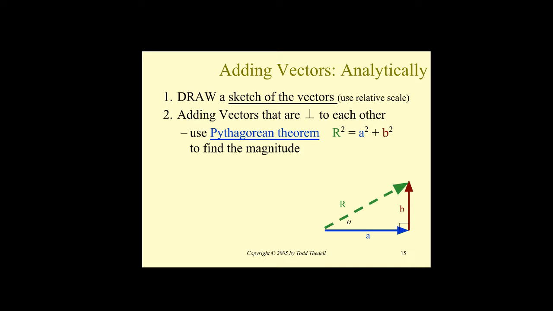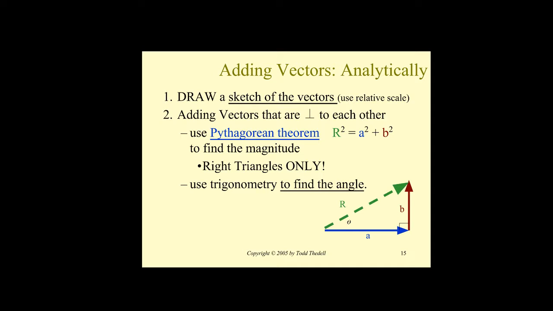That's a very familiar calculation that you learned in mathematics, so it should be fairly easy to do. But remember, it only works for right triangles. Later on, we may do some non-right triangle analytical calculations, but for now, we're just going to deal with right triangles. Then we use trigonometry to find the angle.